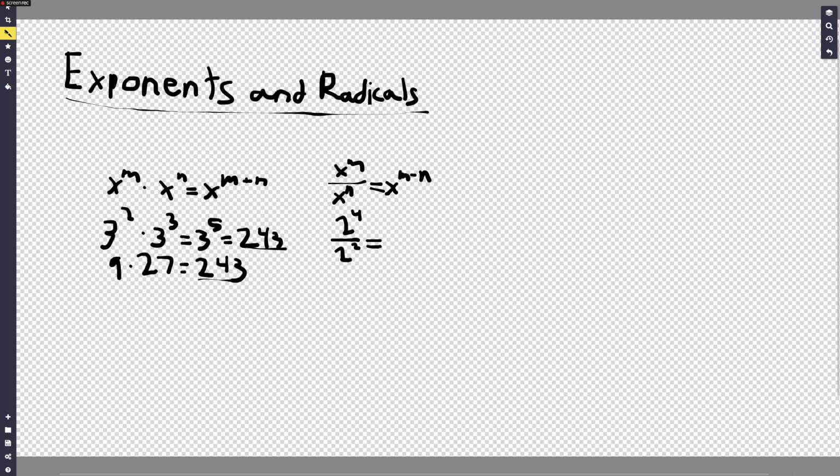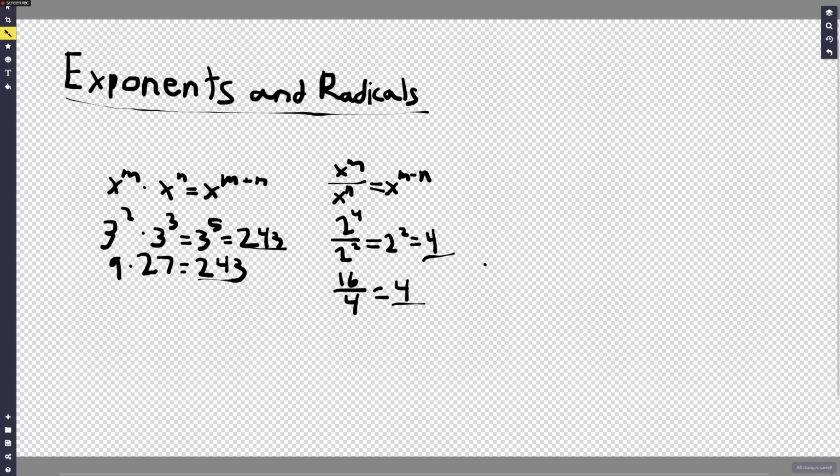That's going to be equal to 2 to the power of 4 minus 2, which is 2, and that's equal to 4. Okay, well let's try to prove this. 2 to the power of 4 is 16, right? We're dividing that by 2 to the power of 2, which is 4, okay? And that's going to be equal to 4. So look, we just proved that.